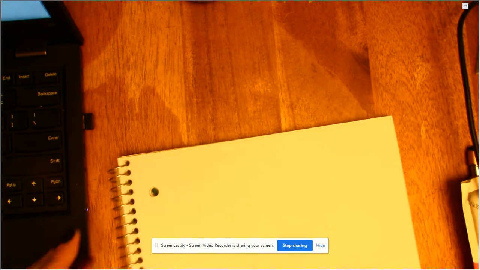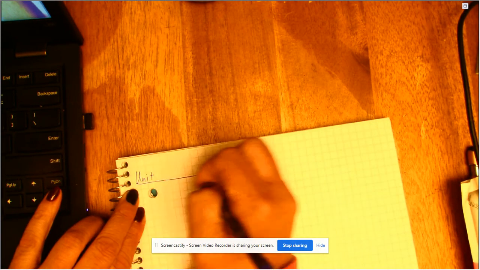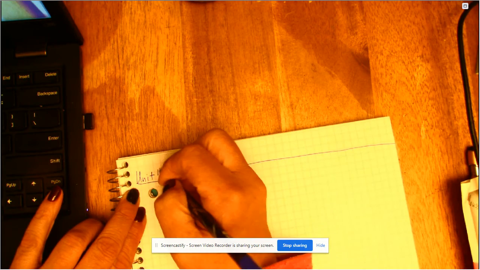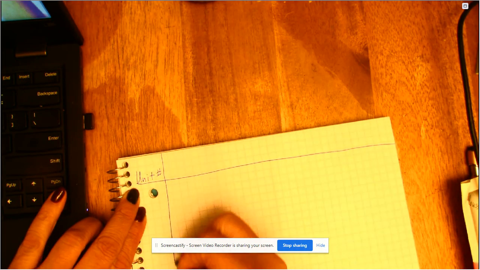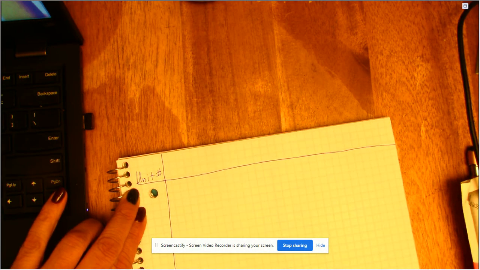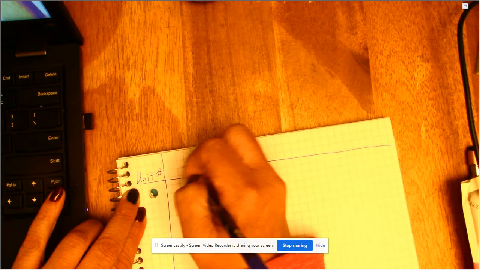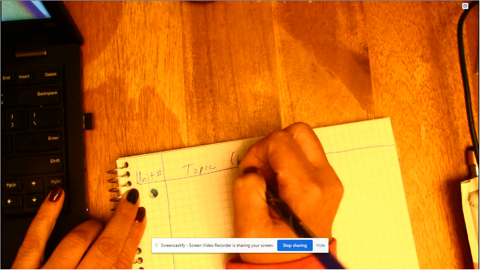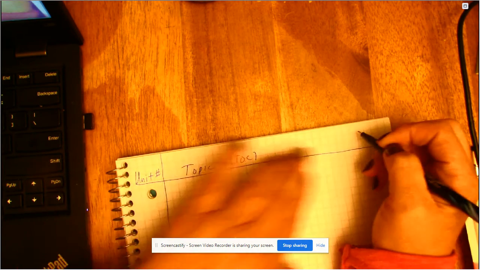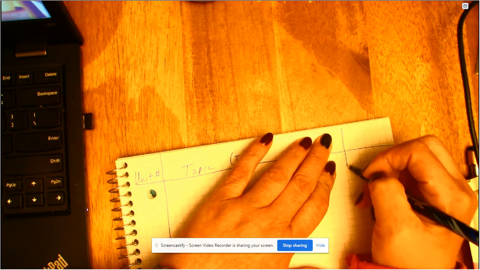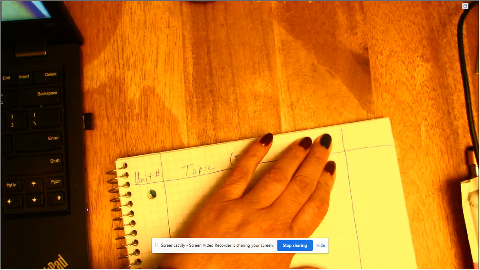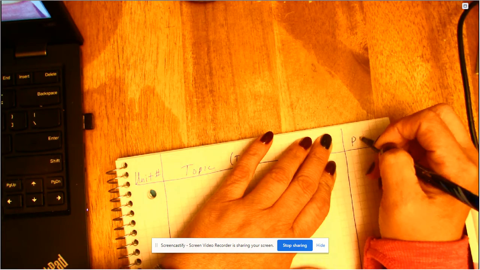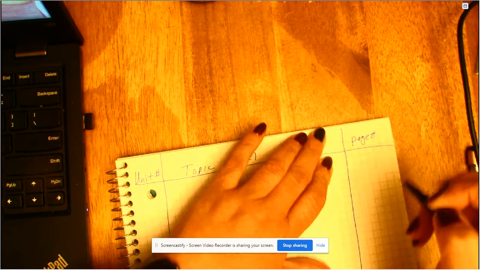And then I'm going to do the same thing on this page. And I'm going to do the same on these 2 pages at a later time.